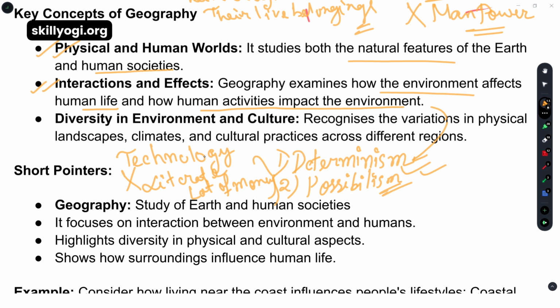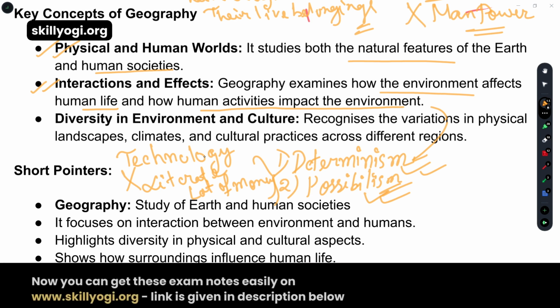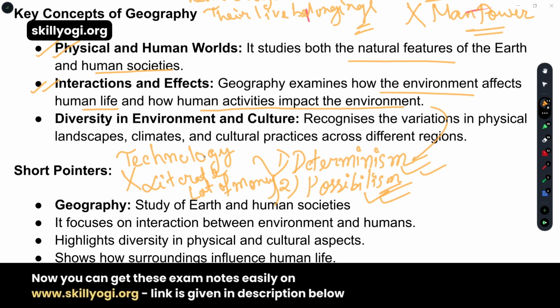That is called possibilism. That means in determinism, nature was the primitive factor, and in the possibilism theory, human activities have spread across a lot of parts of our country, and human activities impact the environment. They shape the environment in a proper way, in their way.